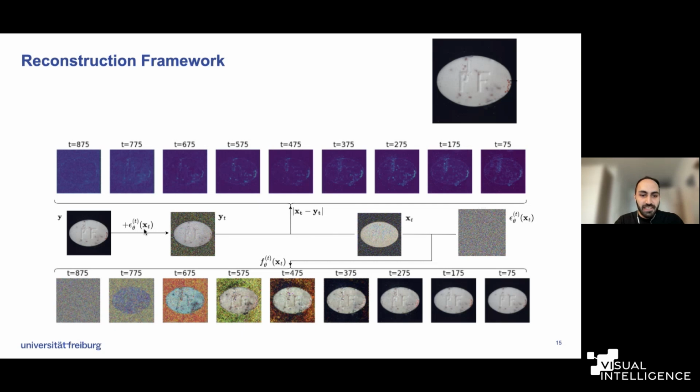Then we add the estimated noise by the diffusion model to y, and we receive yt. Now we have yt and xt, and we see how much they differ from each other. If the prediction is correct, they should not deviate a lot. The deviation is visually depicted here.